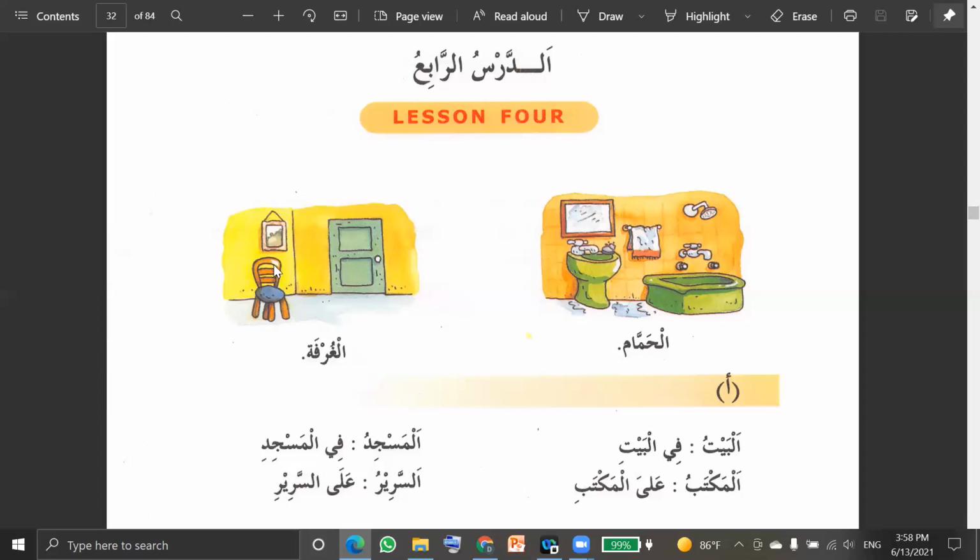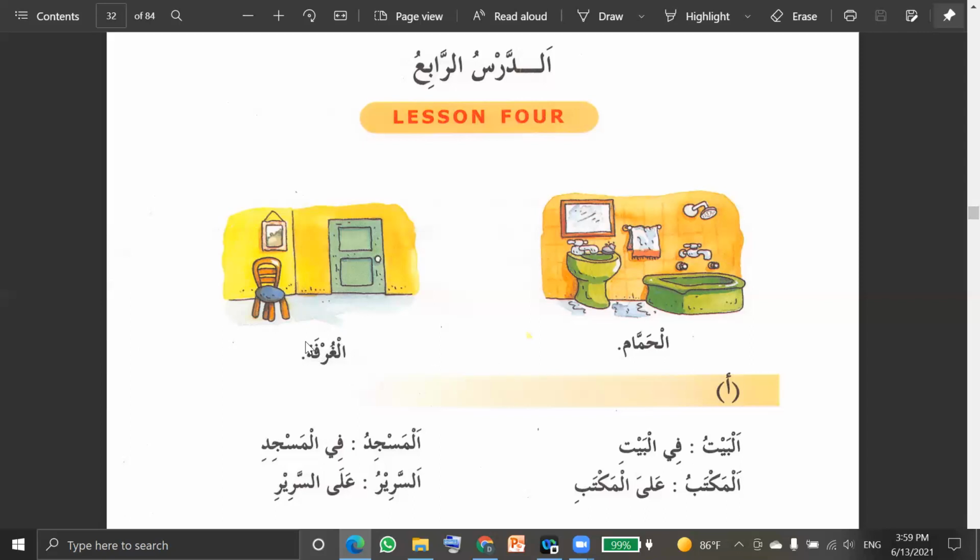A bedroom, or any room. It can be just a sitting room, like a common room, because we can see only a chair, a painting and a door. So it's a room. What's the word for that? Al-ghurfatu. Excellent.